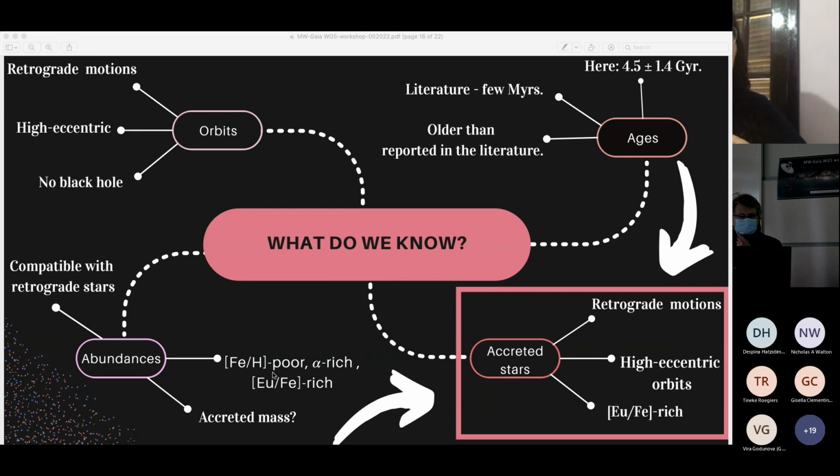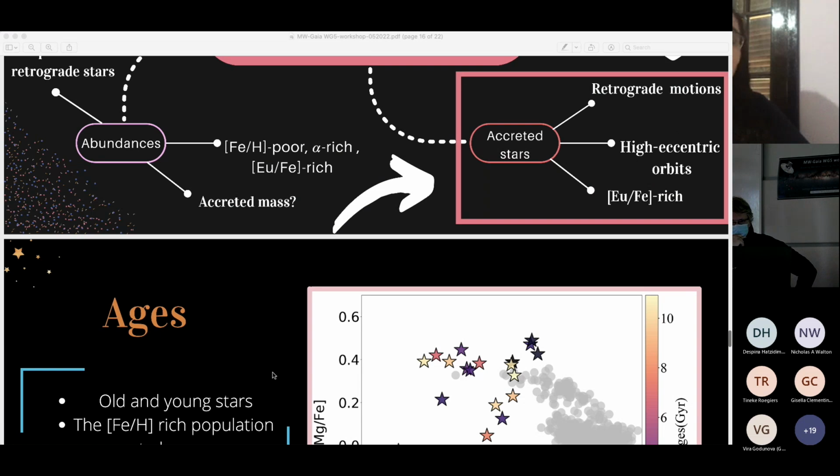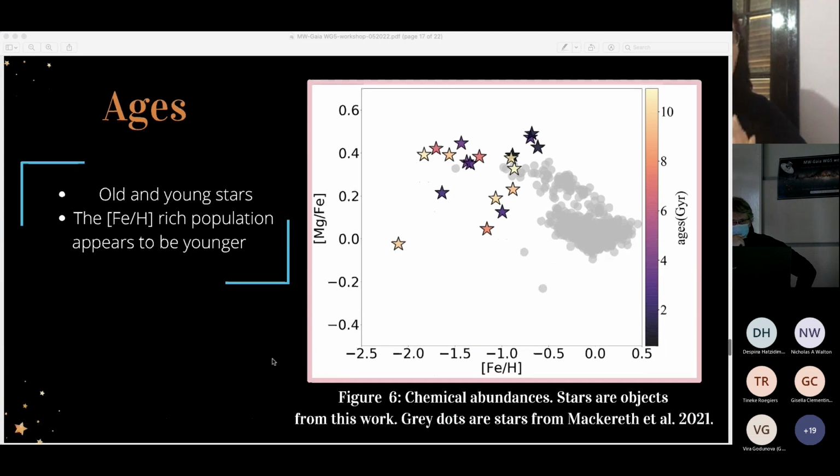So maybe this could be one hypothesis for our ages. Our ages are still a work in progress, so these results are preliminary. But if we have these young ages, it might be that we again have stars that have experienced binary evolution in the past, and now we have different ages because of the accreted mass.